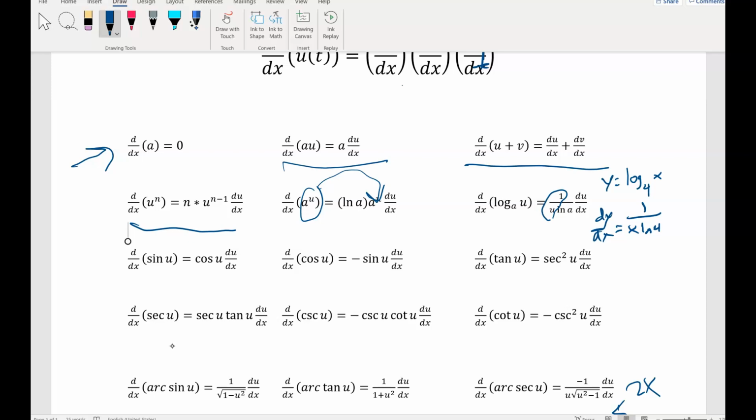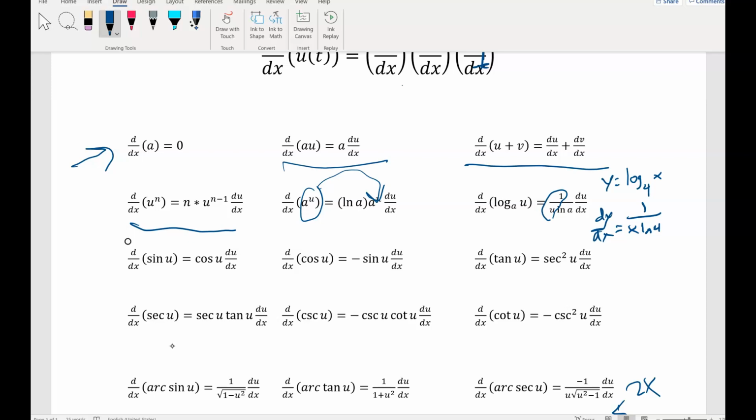Then you got a whole set of trig functions. You got sine, cosine, tangent, secant, cosecant, and cotangent. Just like the rest, the derivative of sine in this case is cosine of u, and then the chain rule would say you'd have to multiply it by the derivative of u. So these are pretty straightforward.